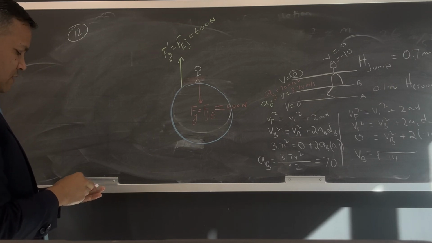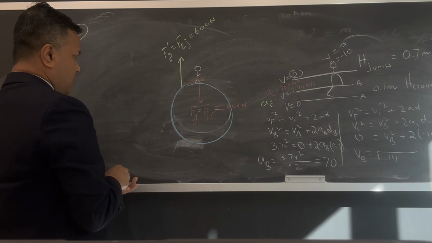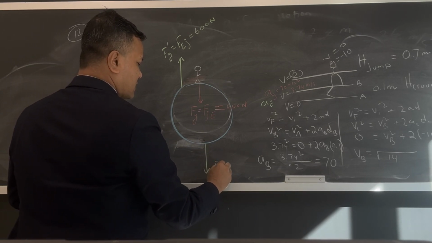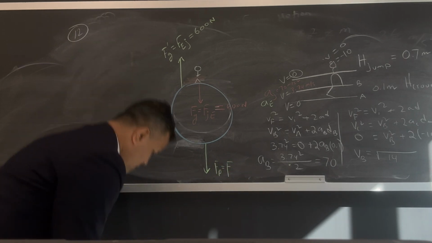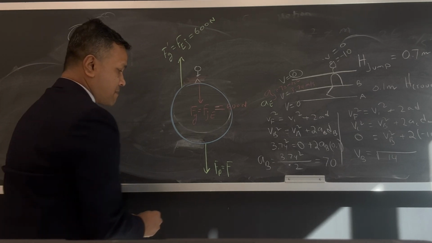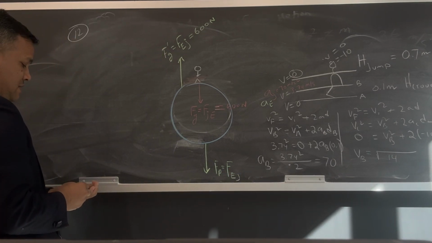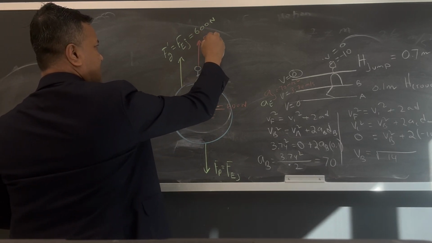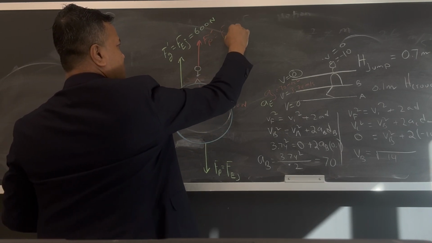Now what are the forces acting on it? Josh needs to move up, so he has to push the Earth, which he did. F push. What does that mean? Push on the Earth by Josh. And if he does that, then there will be F push prime, push on Josh by Earth.